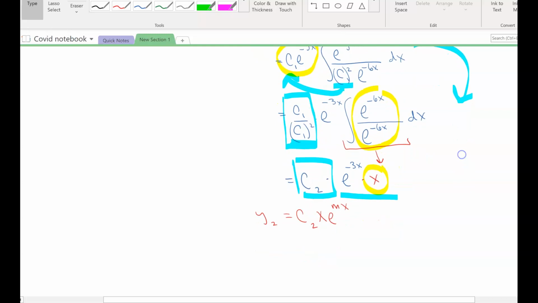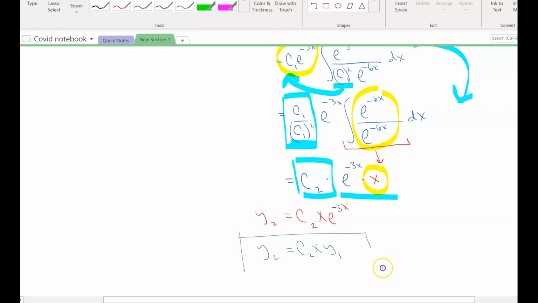So my second unique solution is c2 times x times e to the mx. And you will notice that... Oh, whoops, what is that? It should be -3, excuse me. It should be -3. And you will notice that this is of the form c2x times y1.